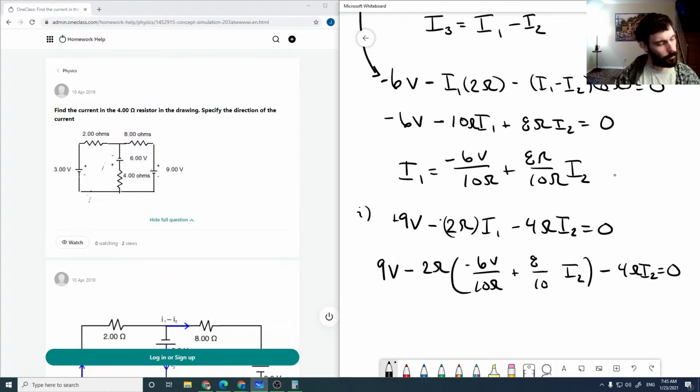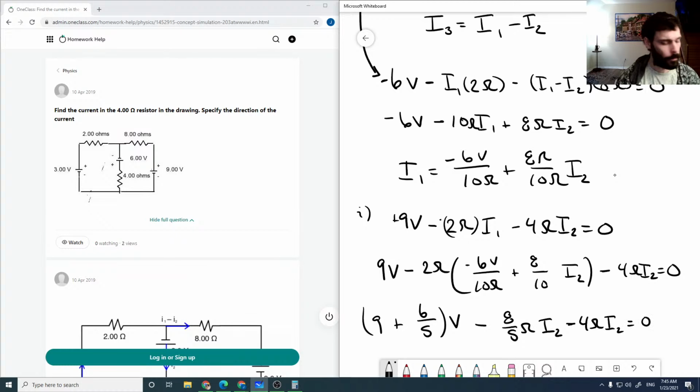Okay, so now that we have this, we can collect some terms here. So we've got 9 plus 6 over 5, so this becomes a plus, and they're all in volts. Minus 8 over 5 ohms I2, and then minus 4 ohms I2 equals 0.